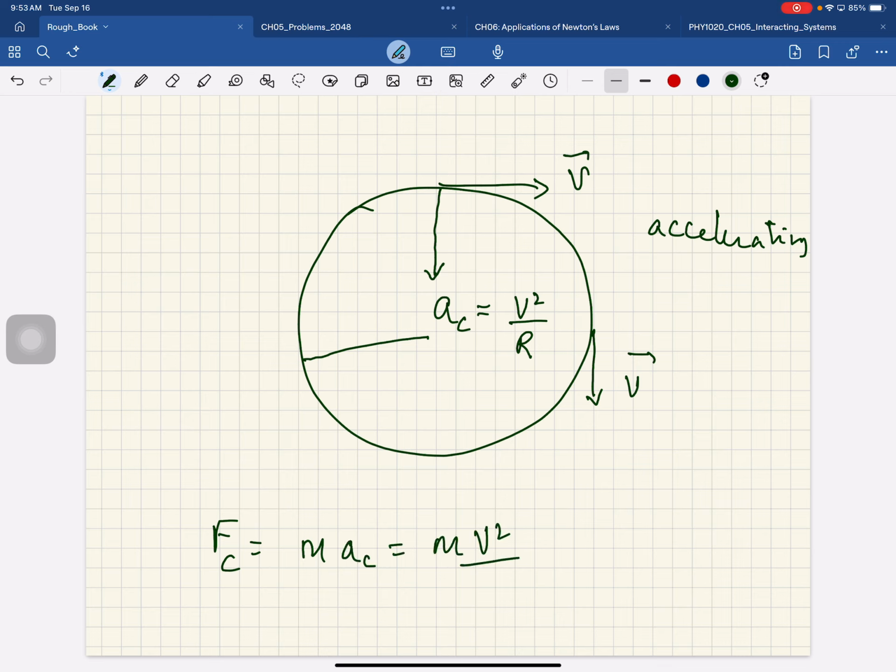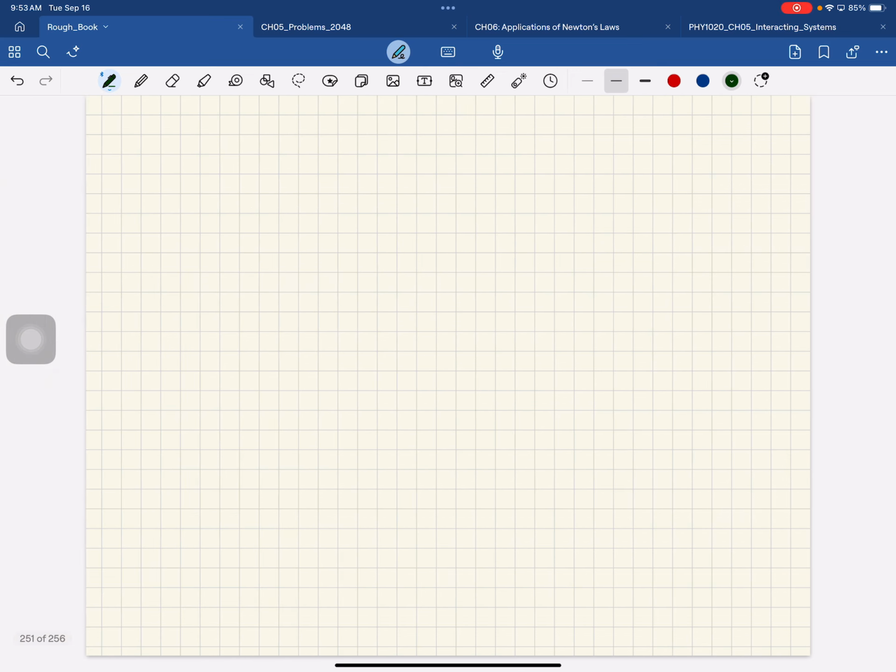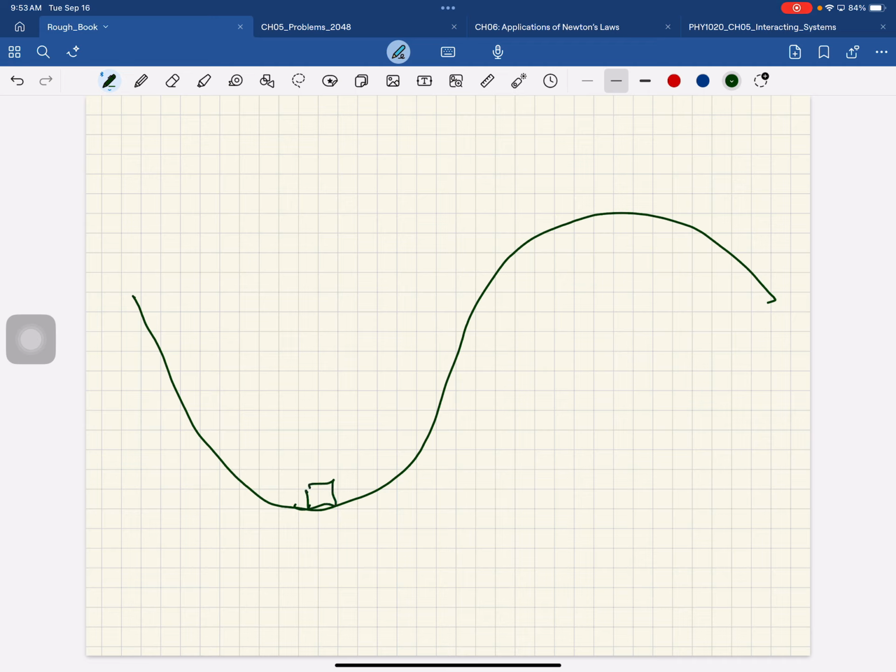All right, now we'll apply this to roller coasters. Let's say here's a roller coaster. Down here, if you were not moving, here's your weight, and the normal force is equal to your weight.